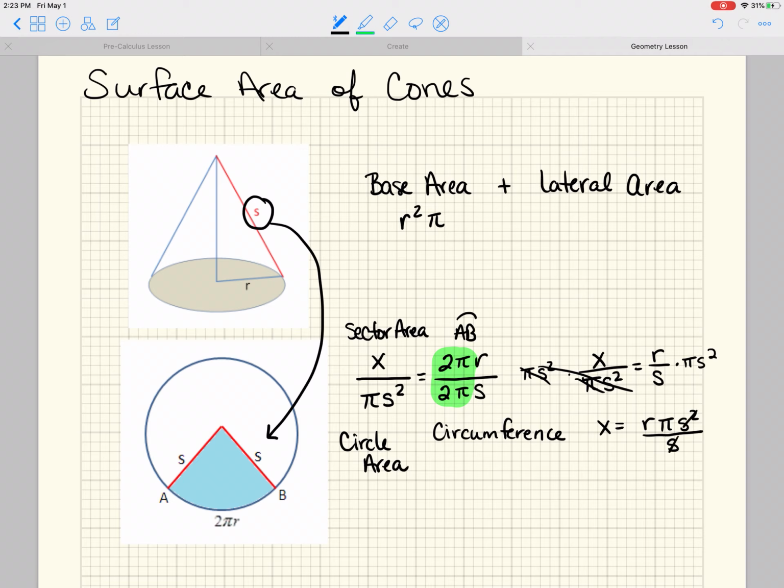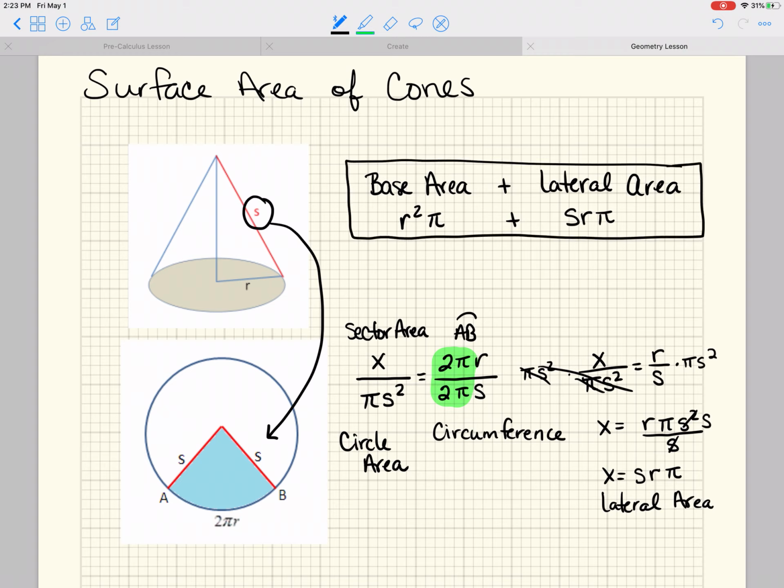One of those s's is going to reduce. So we get the slant height times the radius times pi is that lateral area. So this would be how you would find the surface area for a cone.